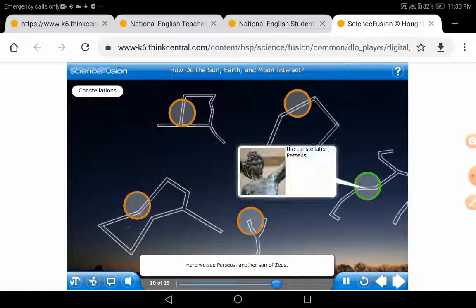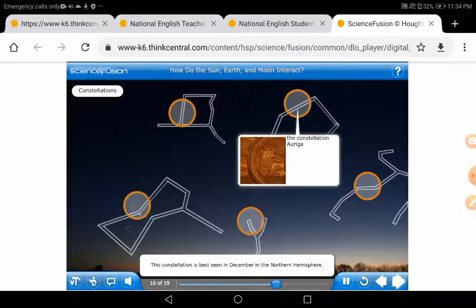Let's see. Here we see Perseus, another son of Zeus. This constellation is best seen in December in the northern hemisphere. Here we see the constellation Auriga, or the Charioteer. This constellation is most visible in December.